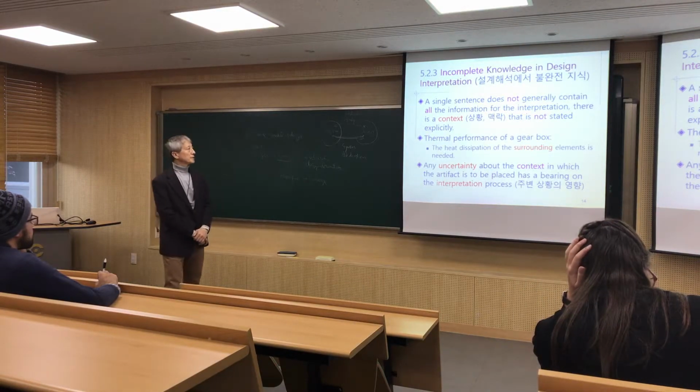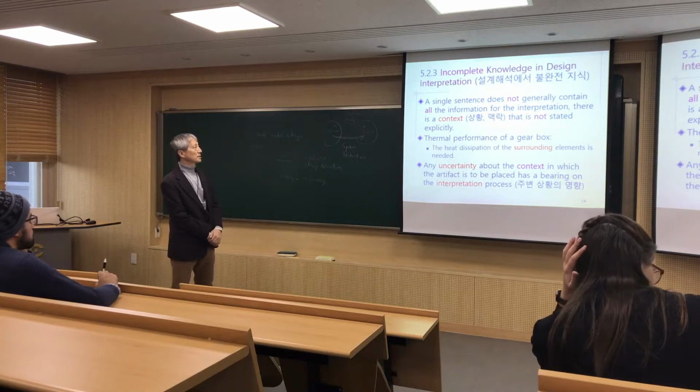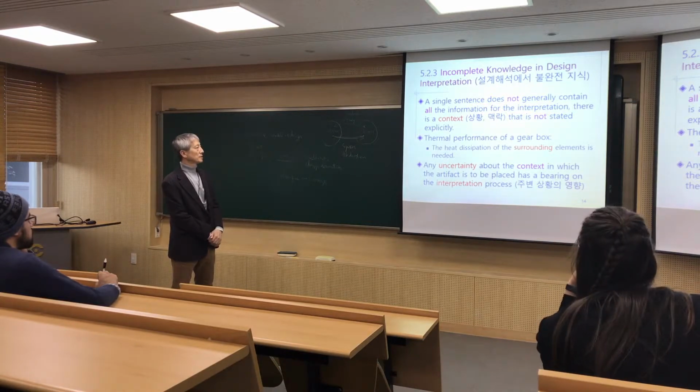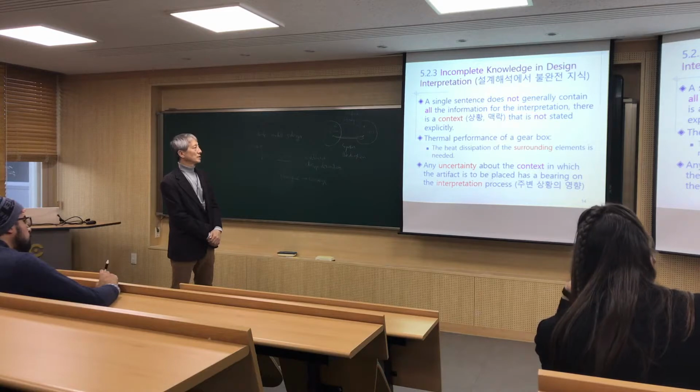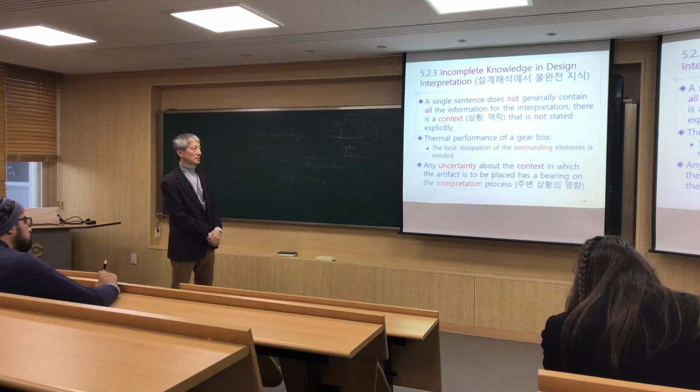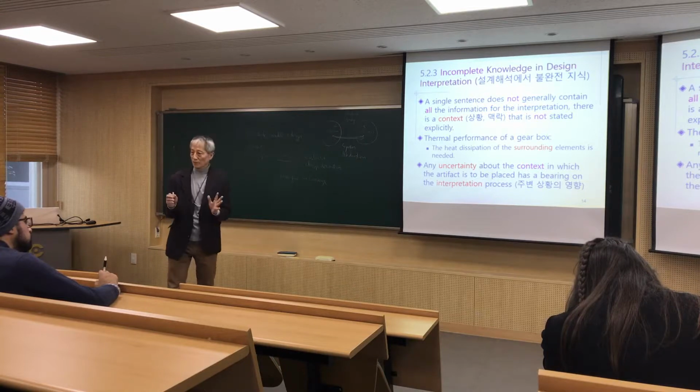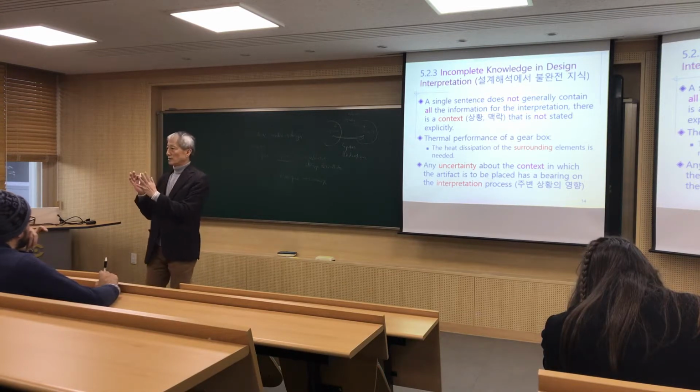And incomplete knowledge in design interpretation. Incompleteness comes everywhere. A single sentence does not generally contain all the information required for interpretation. There is a context that is not stated explicitly. The smartphone for Indian ladies.